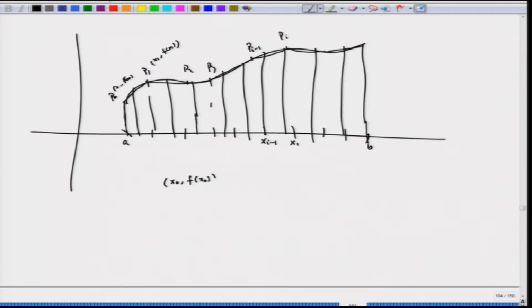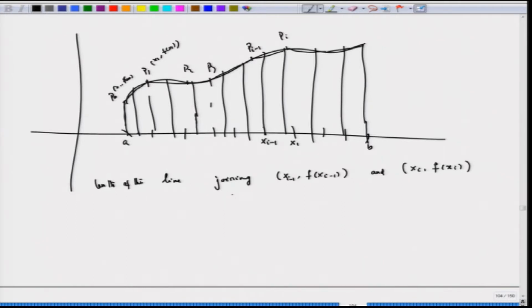Now, let us see what is the length of the straight line which joins x I minus 1, f of x I minus 1 and x I, f of x I. We know precisely what the length of this straight line is.